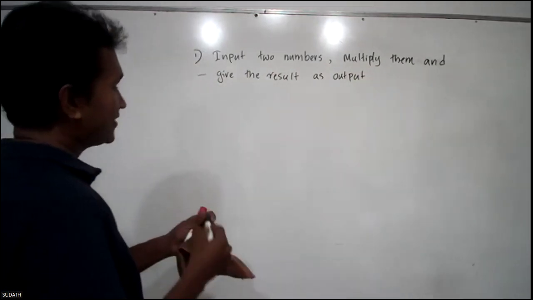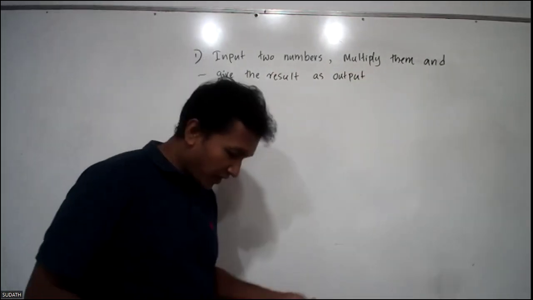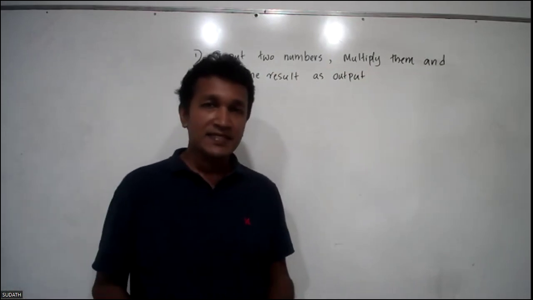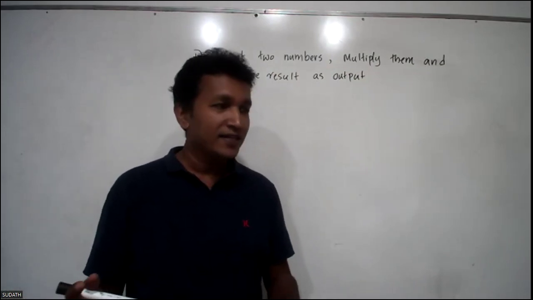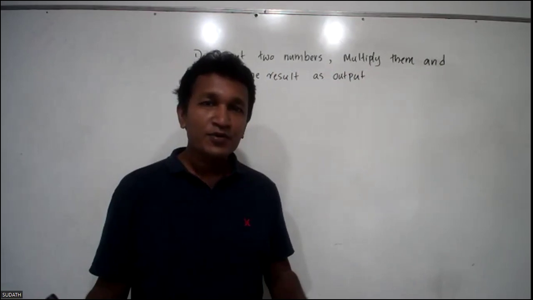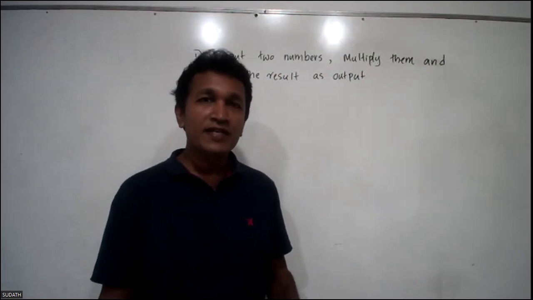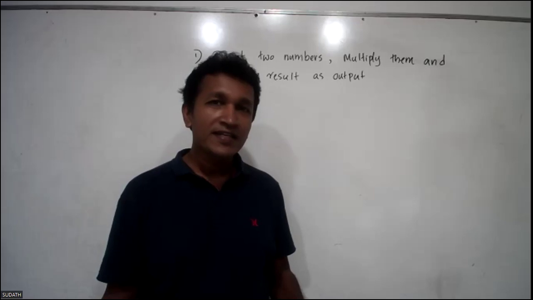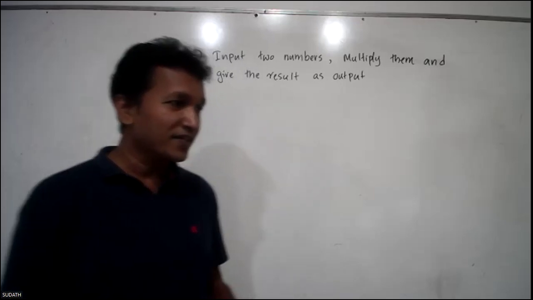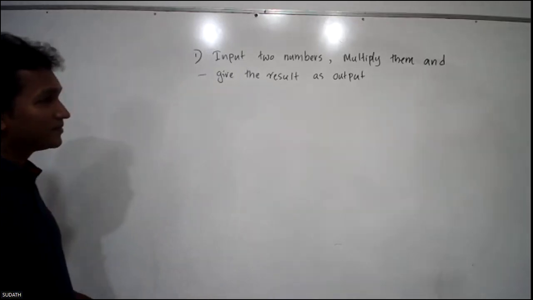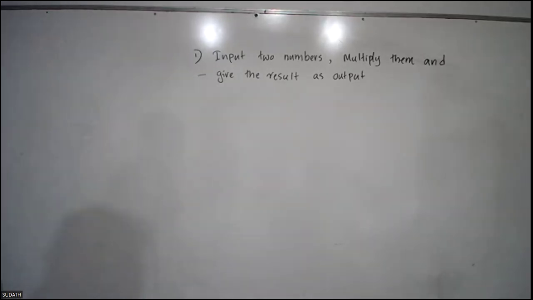So we are going to input two numbers, then multiply them, and finally give the result, or the output. That's our problem.